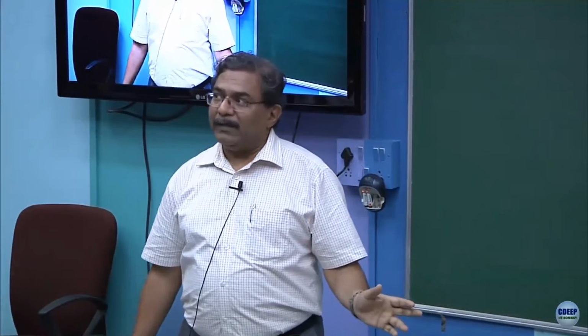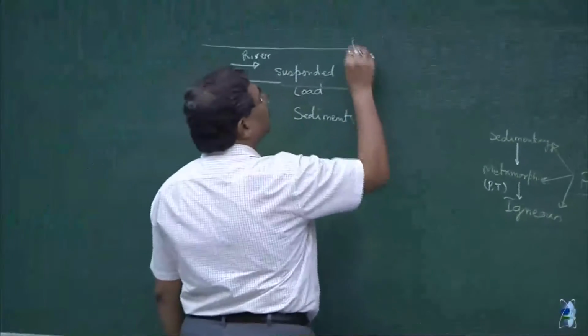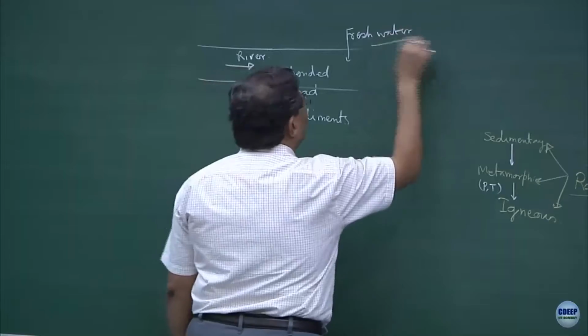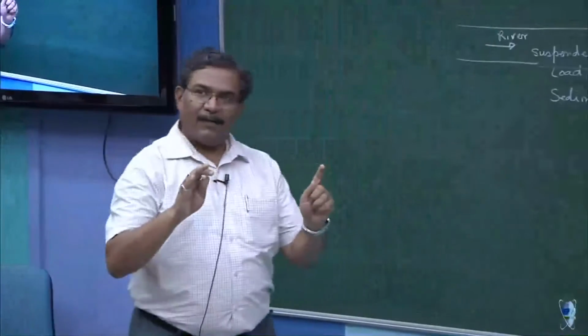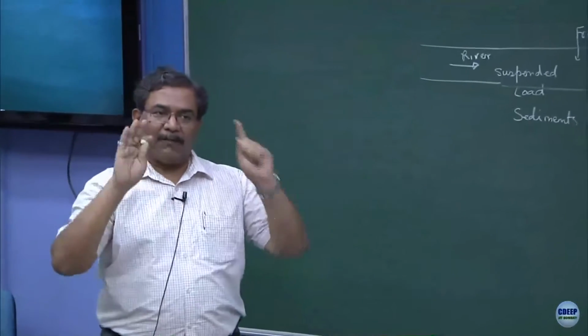What has fresh water to do with this context? Density of the fluid, clear? So, the fresh water, let us say, because I am sure all of you know that from the stretch of the Himalayas up to a certain portion where the Ganga comes, water can be just drunk without filtering it, and then the human activities start and the water becomes polluted, clear?